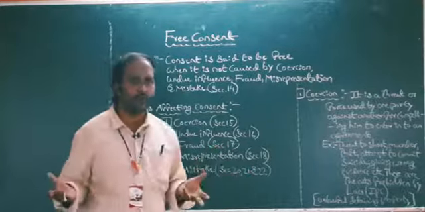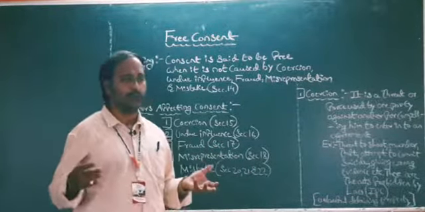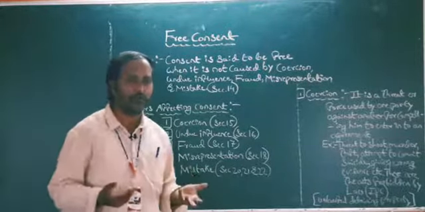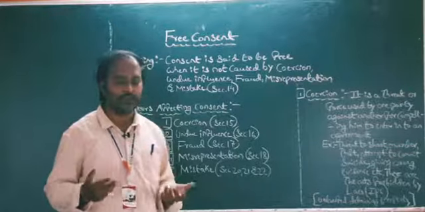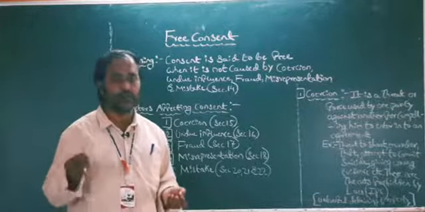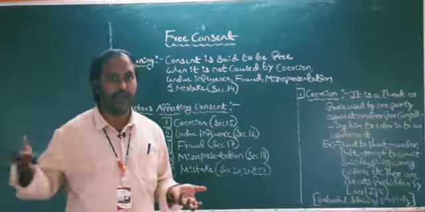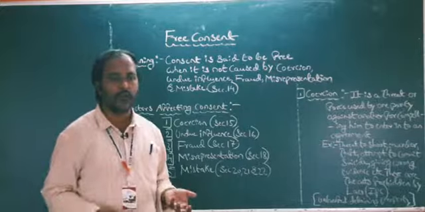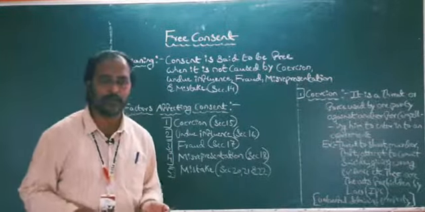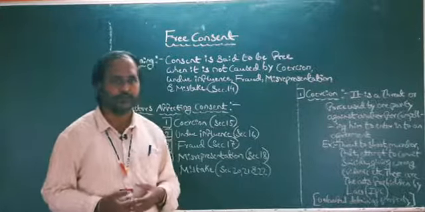If any person forces another person, and by the force, by the threat, the other person gives his consent, then we cannot say it is free consent, because with the pressure, force and threat, he has agreed to that act or to getting into an agreement. So that cannot be said to be free consent.